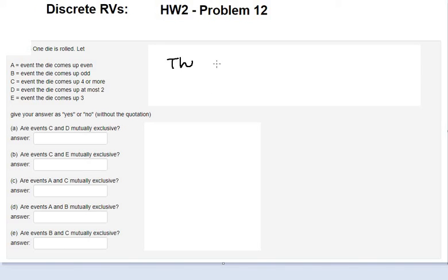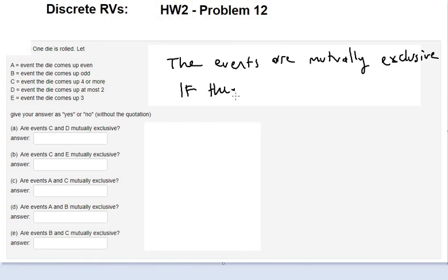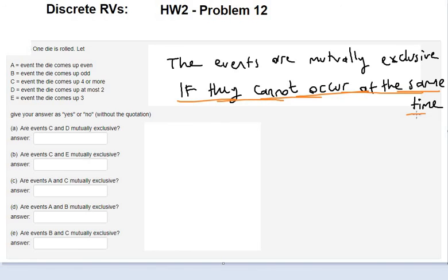The events are mutually exclusive if they cannot occur at the same time. So if they cannot occur at the same time, they are mutually exclusive.